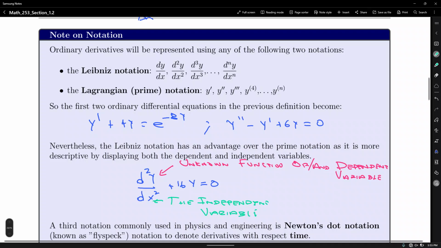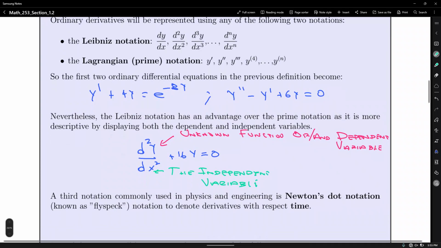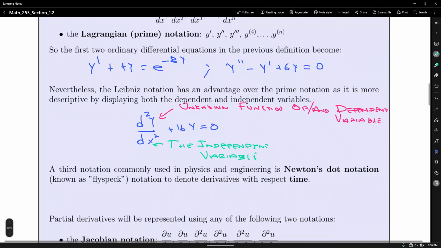There's another notation you may see, especially in physics courses, when it comes to problems related to angular velocity, angular acceleration, rather. So there's this notation called Newton's dot notation, like this one.